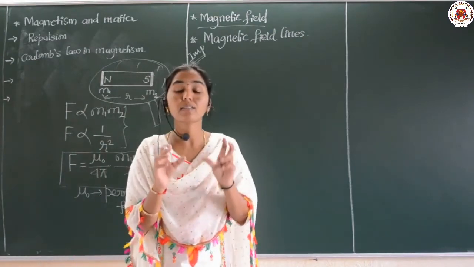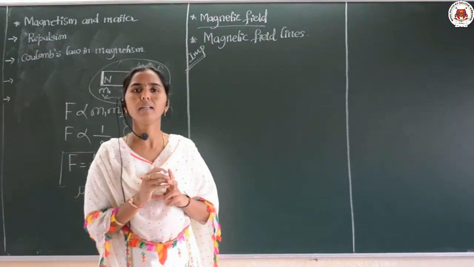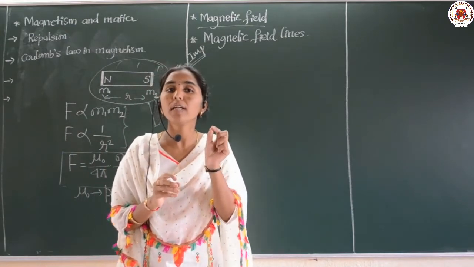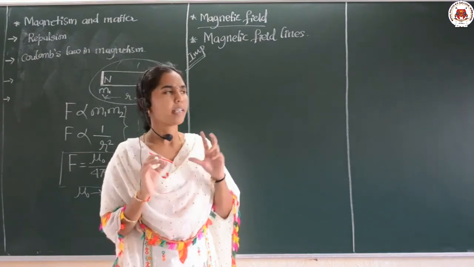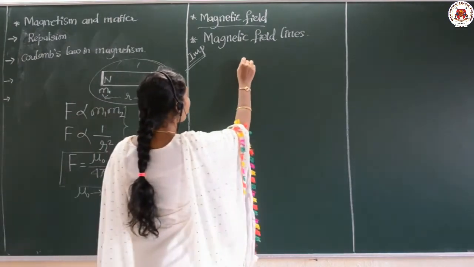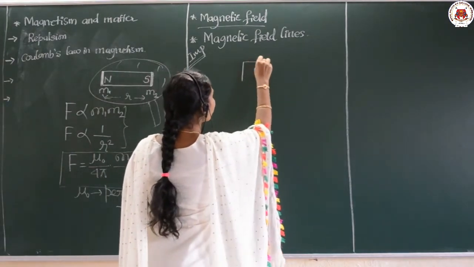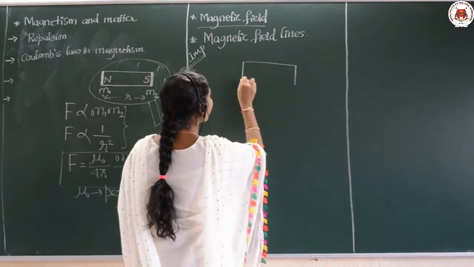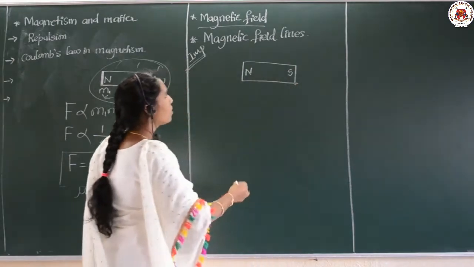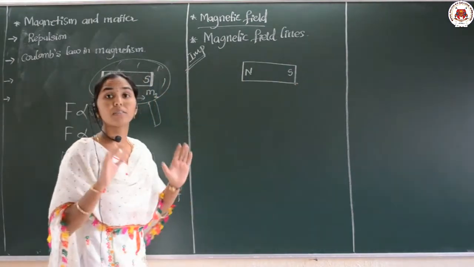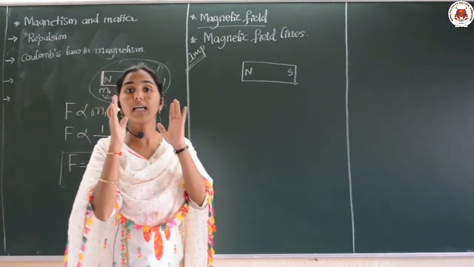The lines around a given magnet through which a unit north pole can move. Again I can draw a magnet here, this is north and this is south. Field lines are imaginary lines.